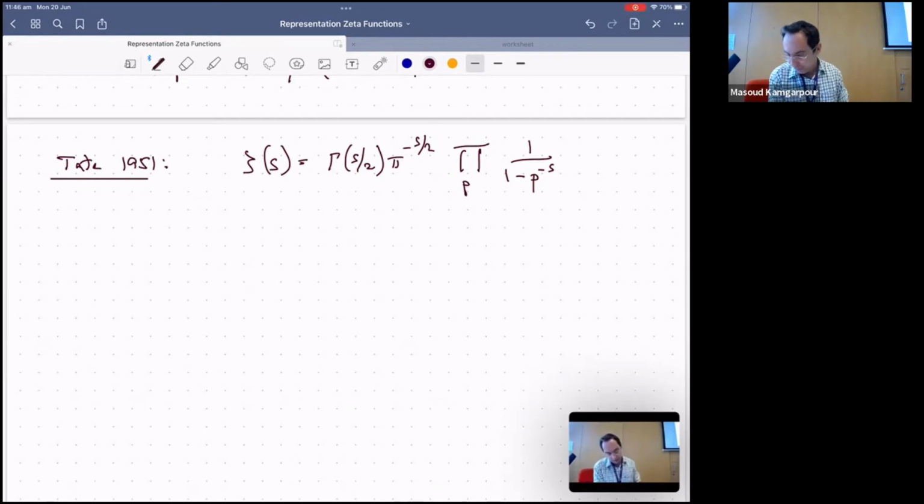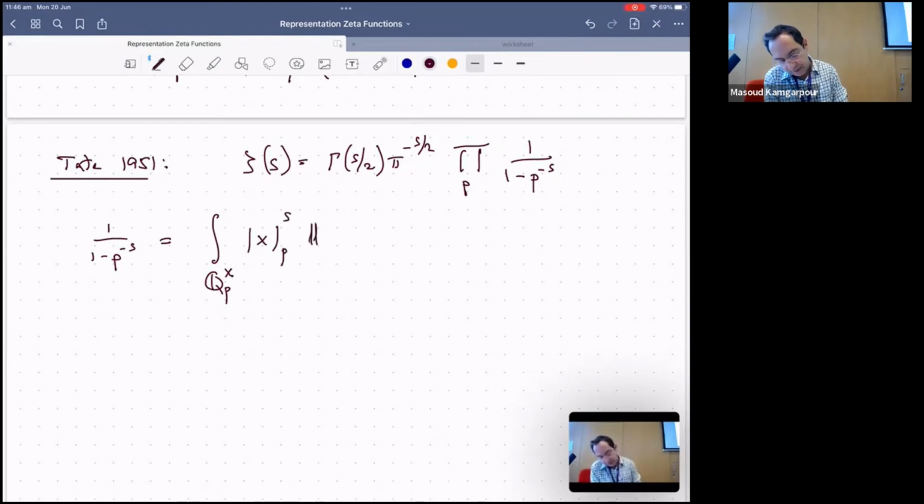So one of your exercises is to show that you can write down this 1 minus p to the minus s as an integral over Zp, or probably I should say Qp without 0, of the function x to the s, times the indicator function of Zp, with respect to the multiplicative measure on Qp.